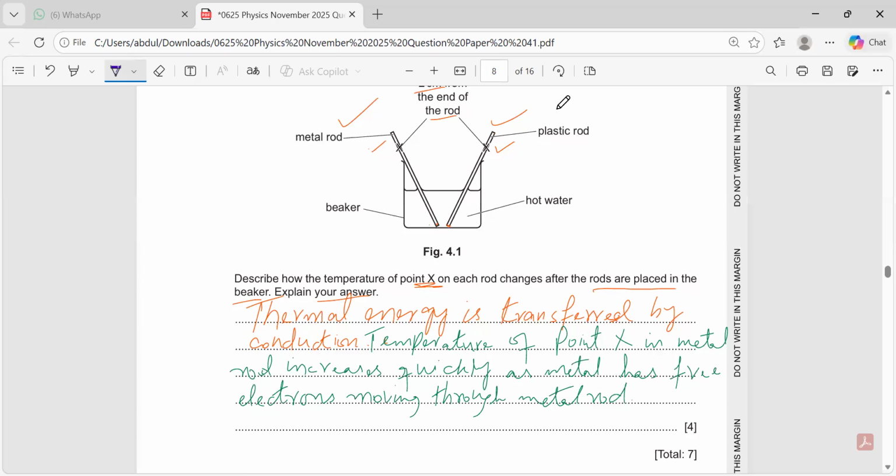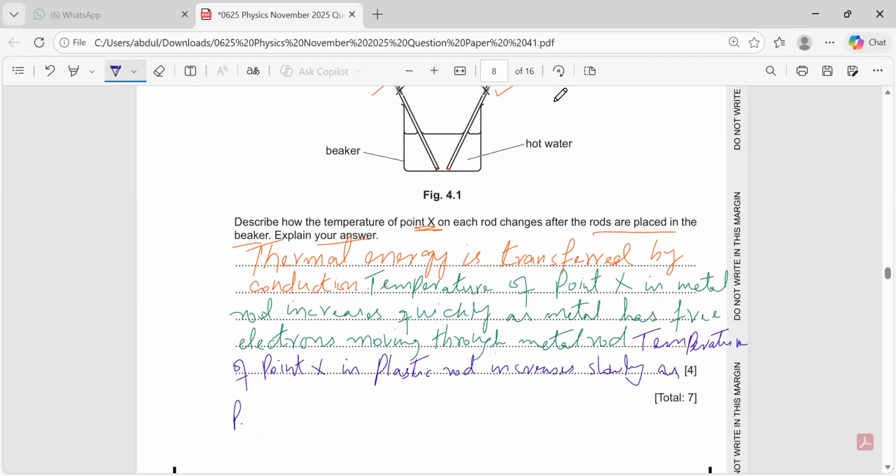Now the final mark. Don't write here, but I'm writing now. Temperature of point X in plastic rod increases slowly as plastic has no free electrons.